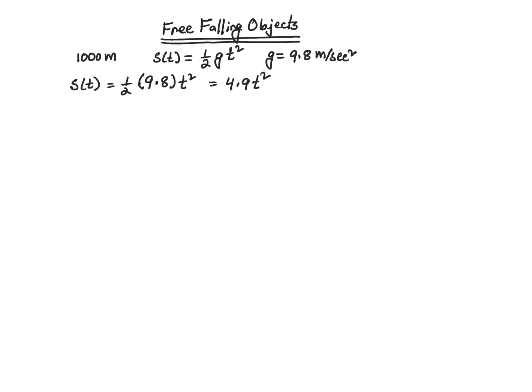If you want the position after 5 seconds, 3 seconds, or 2 seconds, you just plug in the corresponding value. Let's say t is equal to 2. Then s of 2 is 4.9 times 2 squared, which is 4, and whatever number that evaluates to.